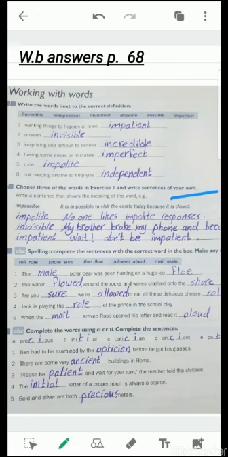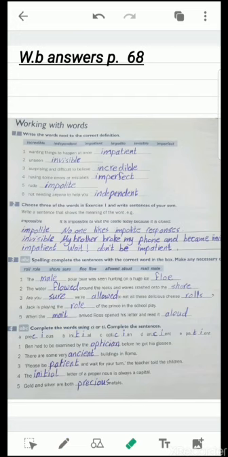Now exercise number 3. Spelling. Complete the sentences with the correct word in the box. Make any necessary changes. We have the words homophones. What do we mean by homophones?